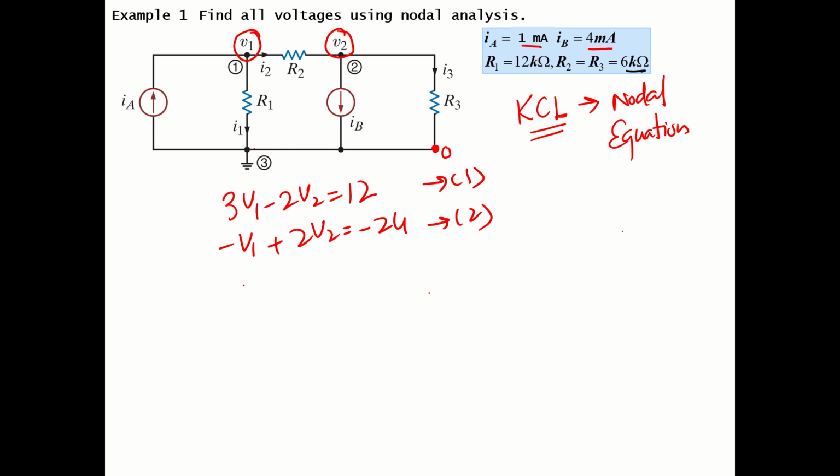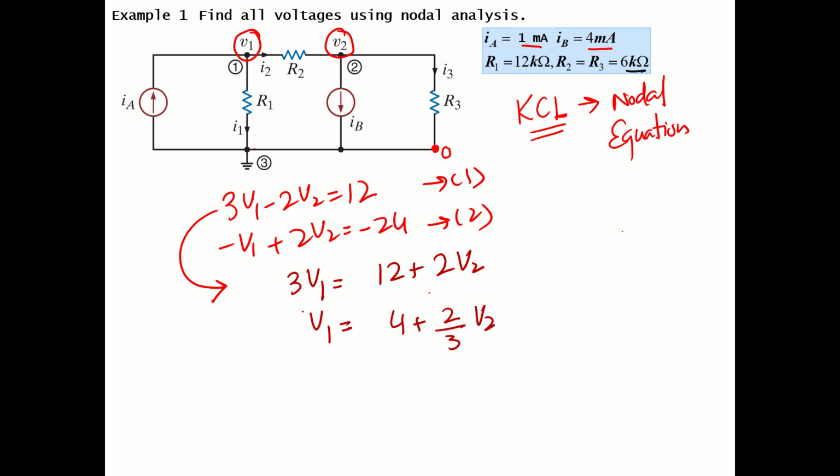So what we can do in the substitution, we can take one variable's value and put it in the other equation. For example, from this equation, I can say that 3v1 is equal to 12 plus 2 times v2, or v1, we can divide by 3 on both sides, so we'll have 4 plus 2 over 3 of v2.